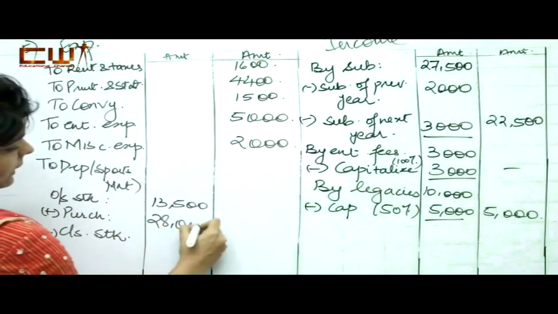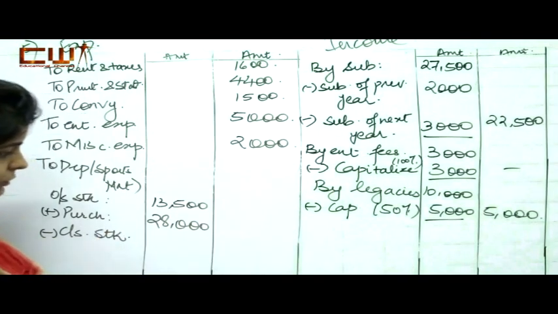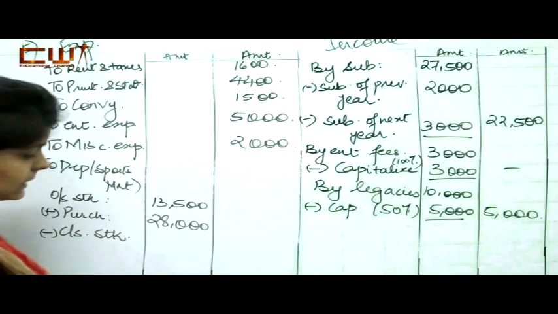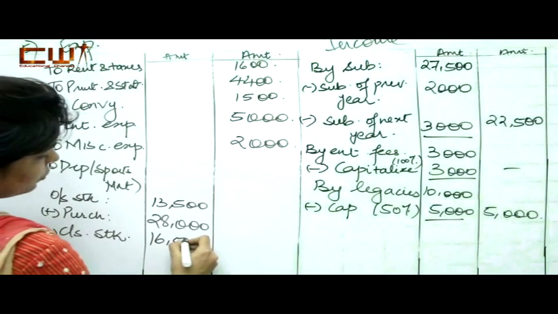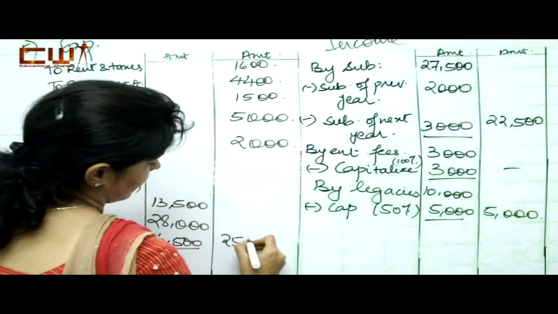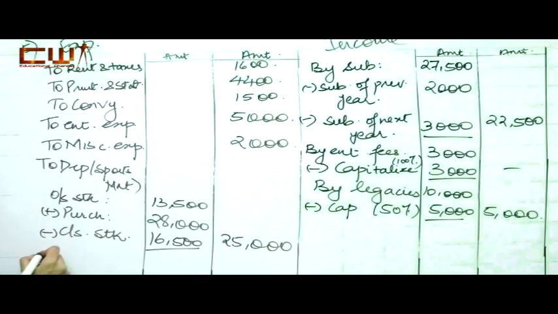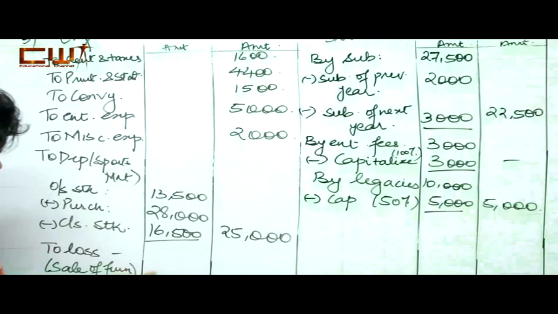Purchases is 28,000. 13,500 plus 28,000 is 41,500, and you will subtract 16,500, that is the closing stock, from that. So what is the final figure? 25,000. Then you have the loss on sale of furniture, right?